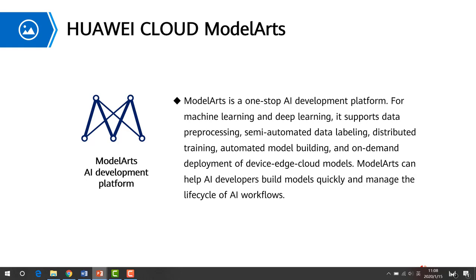One-stop means that all phases of AI development, including data pre-processing, algorithm development, model training, and model deployment, can be completed on ModelArts. ModelArts supports mainstream open-source AI development frameworks such as TensorFlow and PyTorch, and provides high-performance GPUs such as V100 for accelerating model training. ModelArts aims to make AI development simpler and more convenient.